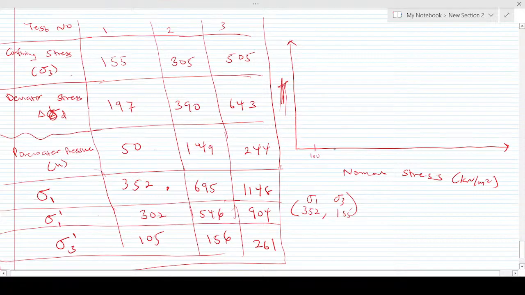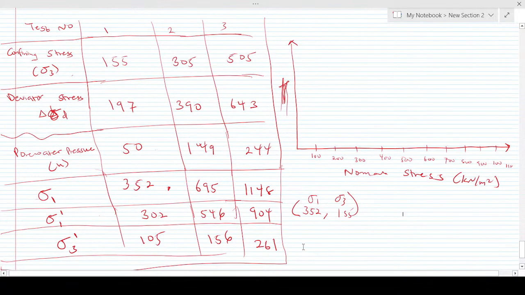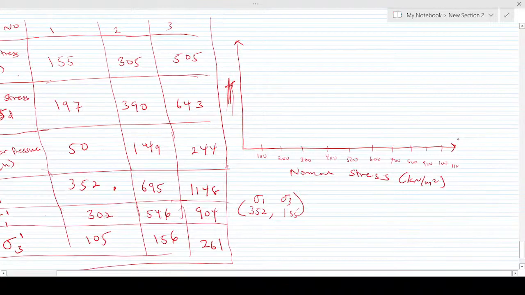Let me say here is 100, 200, 300, 400, all the way to 700, 800, 900, 1,000, 1,100, then 1,200 here, because of the highest value of 1,040.